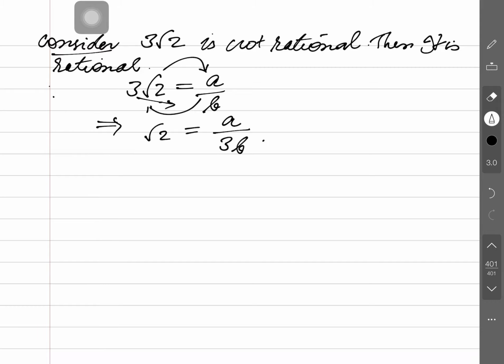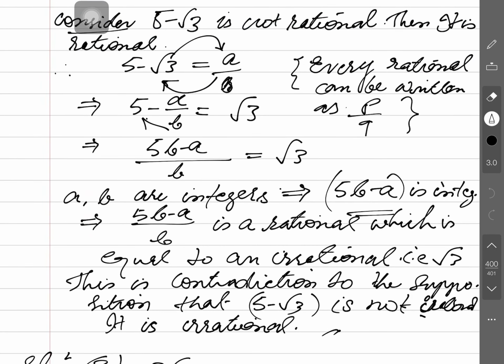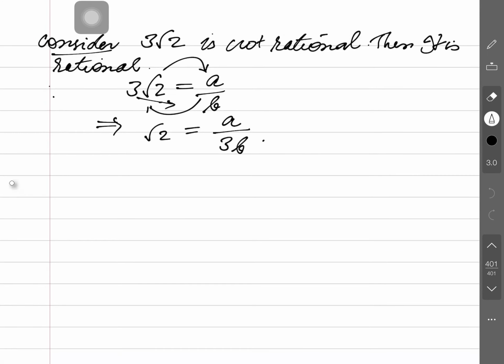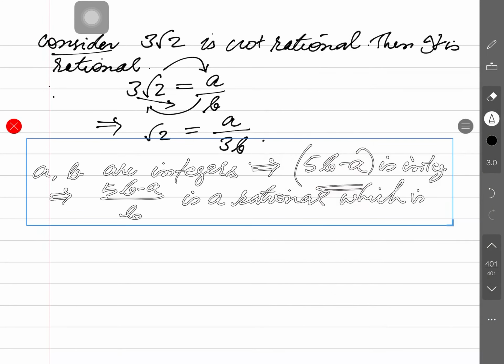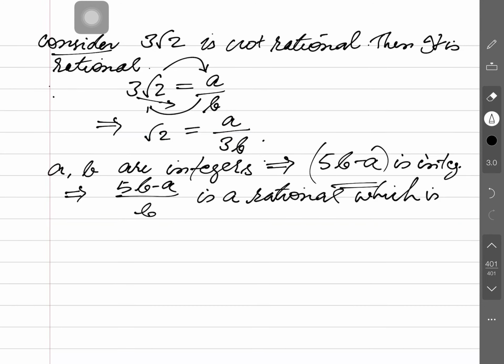So, what is next? a and b are integers. Again you will write the statement, go back, the statement again: a and b are integers. This statement you will copy here, same to same. Nothing else to change here. Clear, guys? a and b are integers implies this is to be changed here.